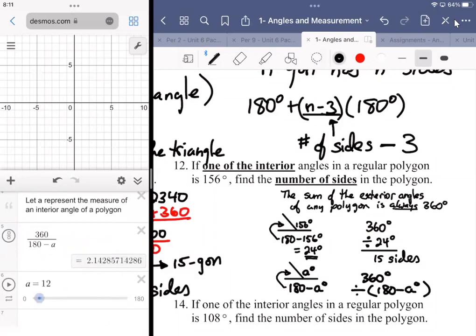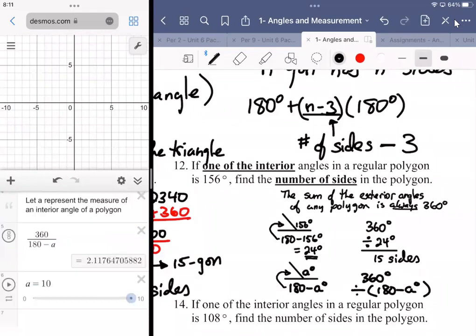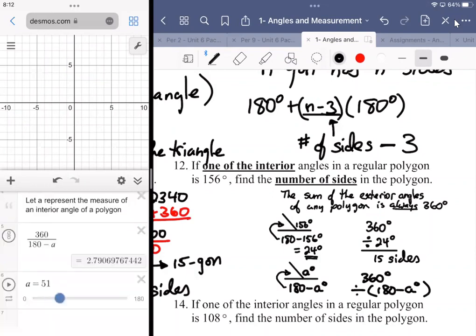So the thing is, when you have large enough values here, it won't give you a decimal. For example, if I made this 10 and left step blank, it would give me decimal values along the way. But when I make it sufficiently large, it has a little bit of trouble with that, so it defaults to whole numbers.